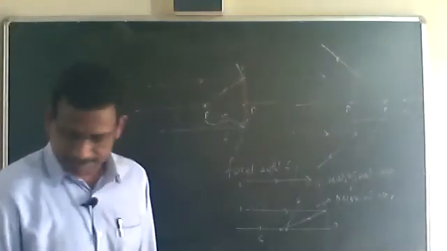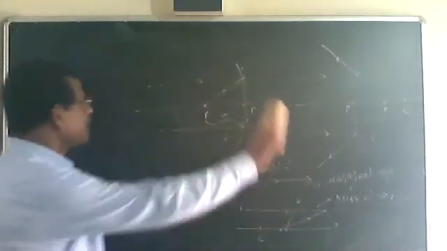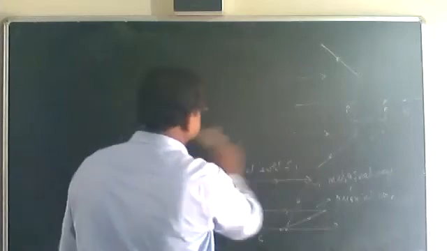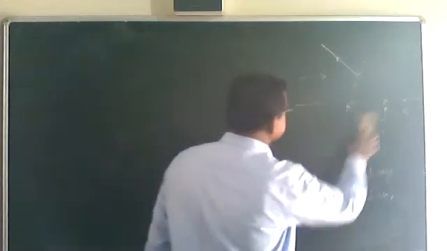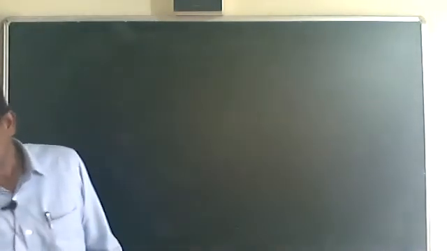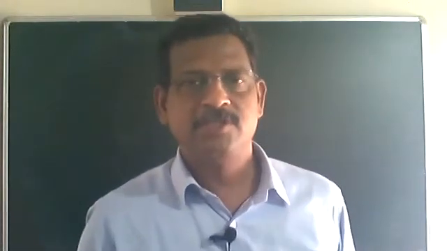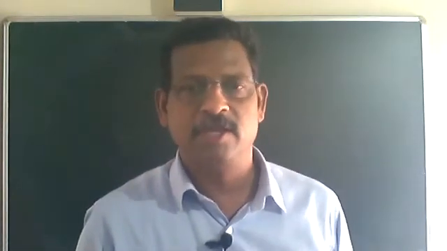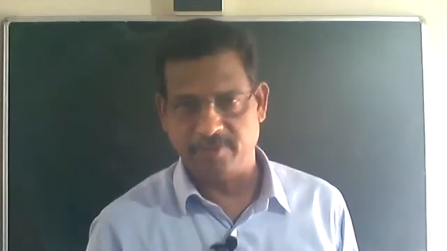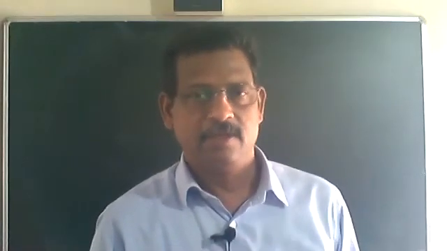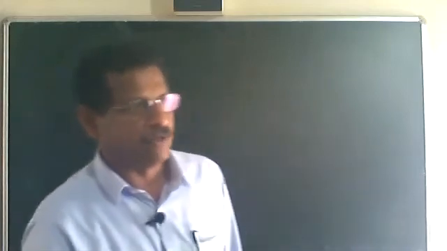So the next point is: what is the relation between focal length and radius of curvature of a mirror? So what is the radius of curvature and what is the focal length?